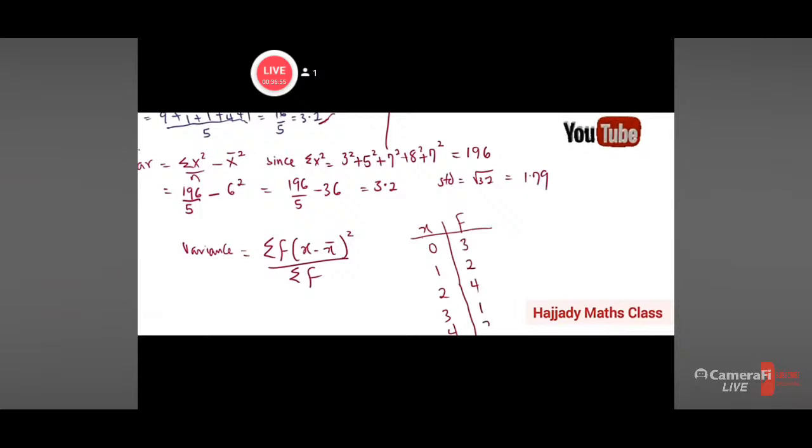So I want you to use this to calculate the variance and also the standard deviation. Don't forget that the standard deviation is just going to be the square root of our variance, which is summation f into bracket x minus x bar all squared over summation f.